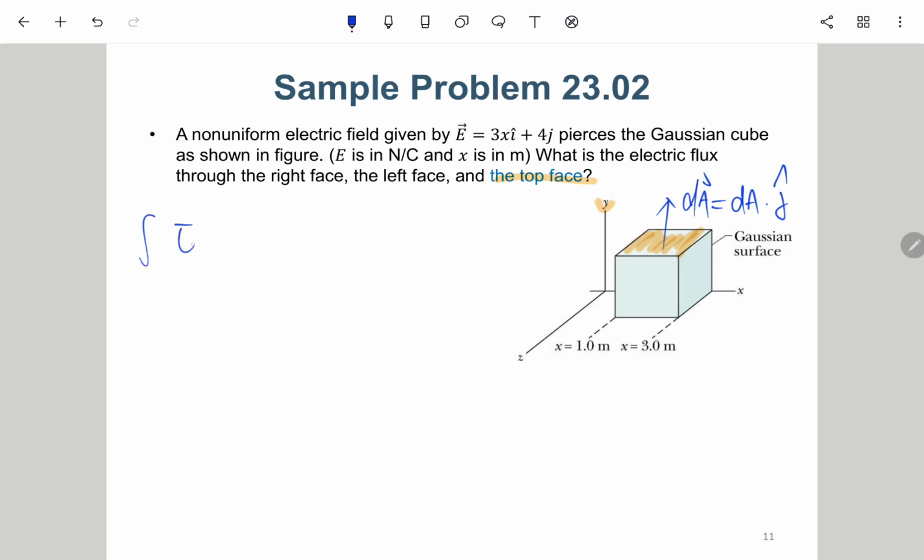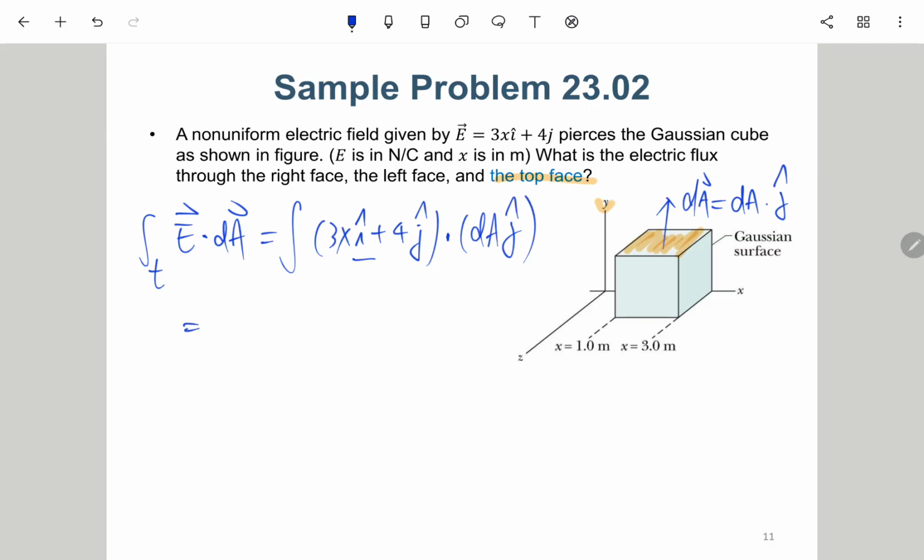Similarly, E dot dA for the top surface will be the integration of 3x I hat plus 4j hat, and then dotted with dA j hat. This time I hat dot j hat will be 0, so the first term is 0, and for the second term the integration of 4, and j hat dot j hat will be 1.